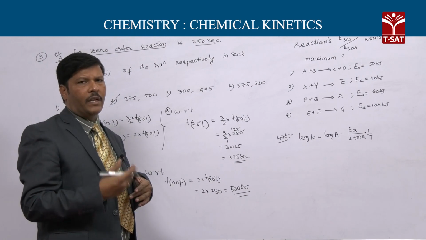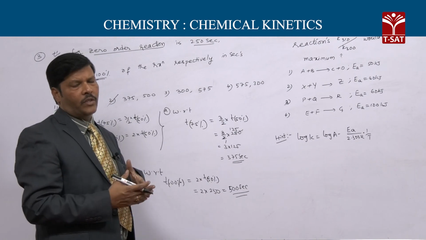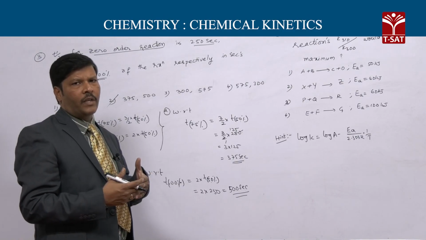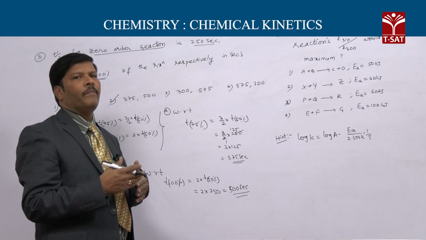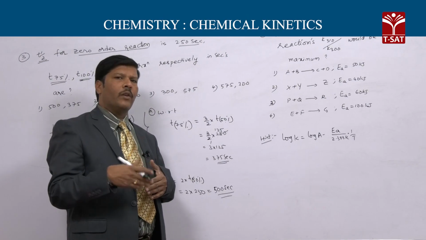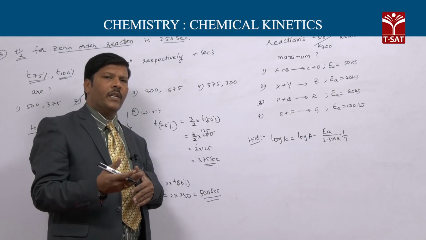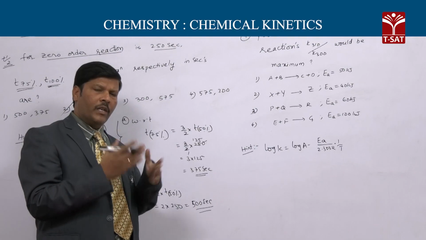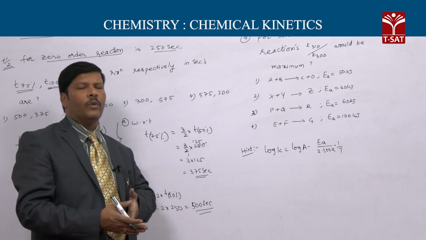That means whenever there is an increase in the temperature for a given reaction, every time the temperature increases by 10 degrees centigrade, the rate of reaction is going to get doubled or tripled. When temperature increases, rate of reaction increases, then automatically the activation energy of that particular reaction has to decrease.